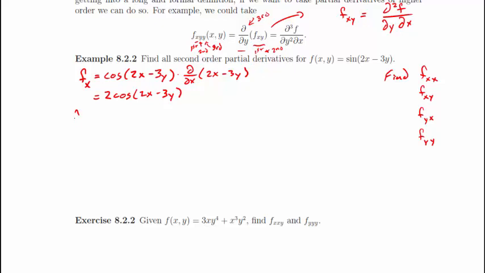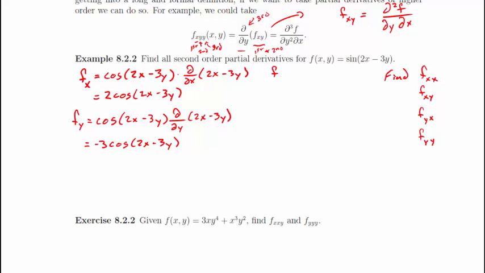Now we want f sub y. This equals the cosine of 2x minus 3y times the partial derivative with respect to y of 2x minus 3y using our chain rule. And this equals negative 3 cosine of 2x minus 3y. All right. Now for our second derivatives, I'm going to move things around here real quick.